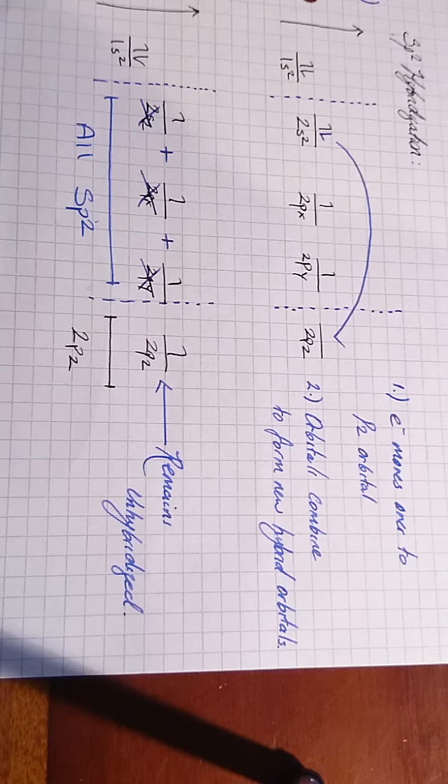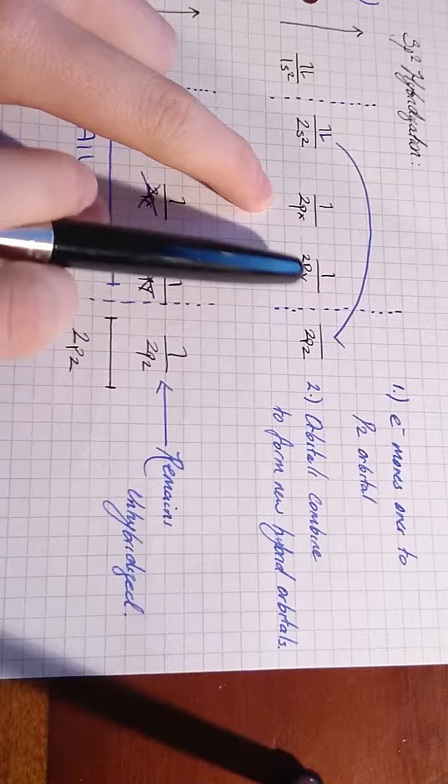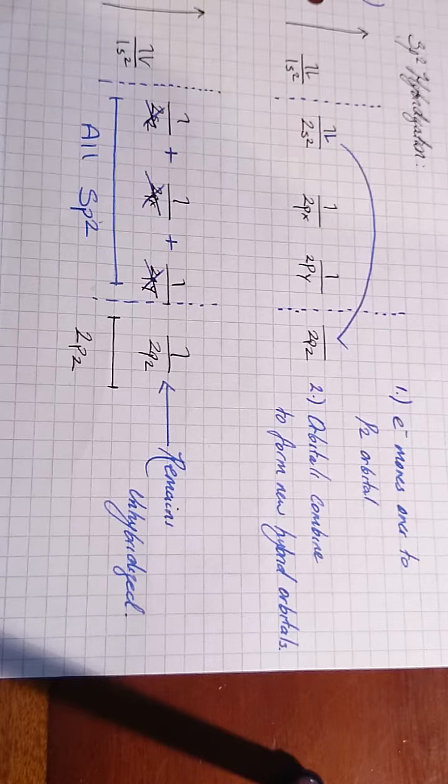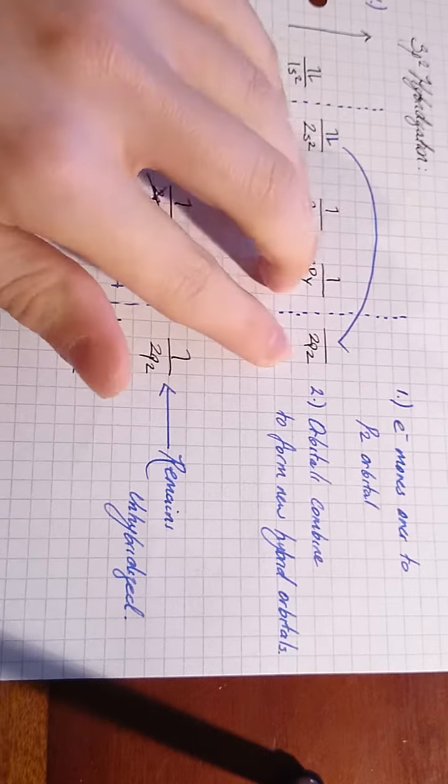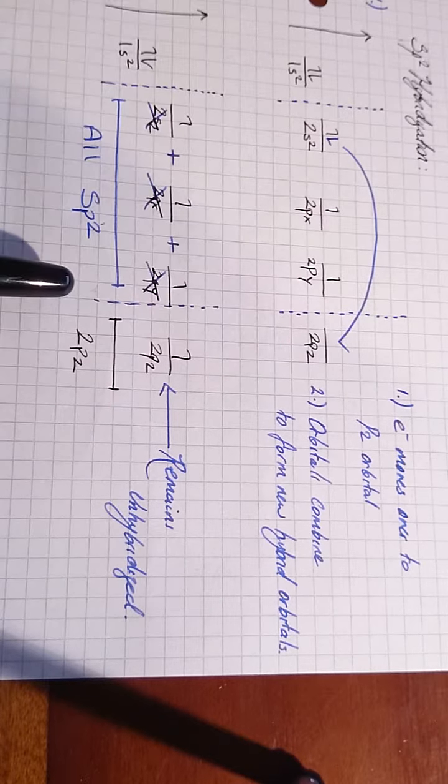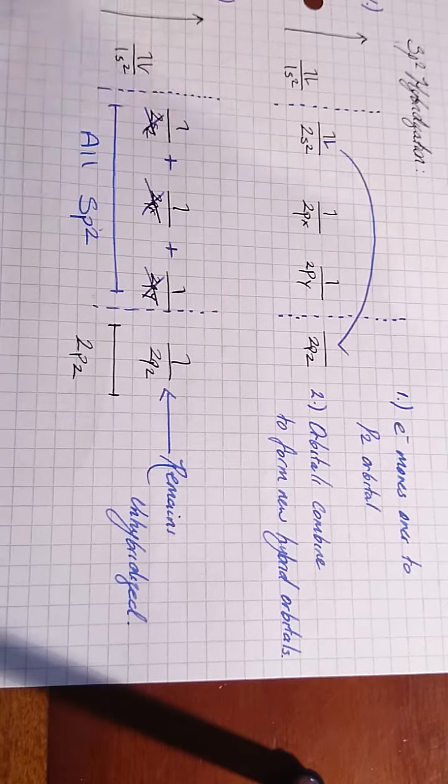However, in sp3 hybridization, 3 of the orbitals will hybridize and combine and form 4 new sp3 orbitals. So sp3 is combining with 3 p orbitals, sp2 is combining with 2 p orbitals, and sp hybridization will combine with only 1 of the p orbital.